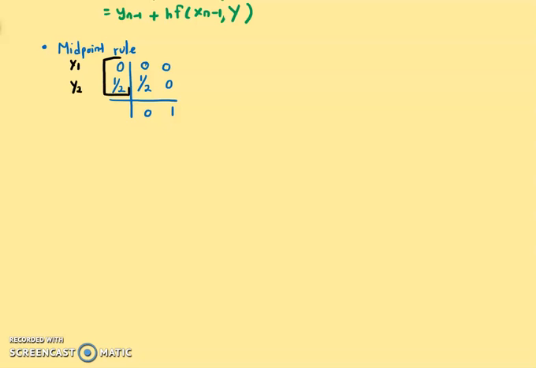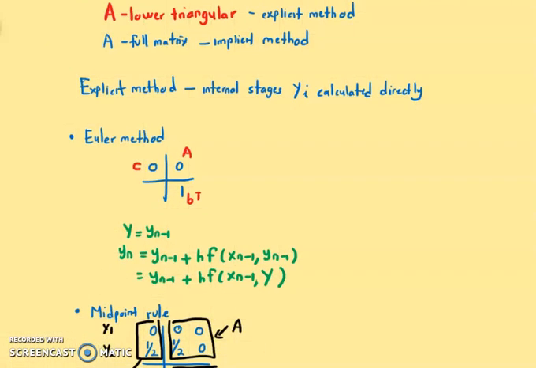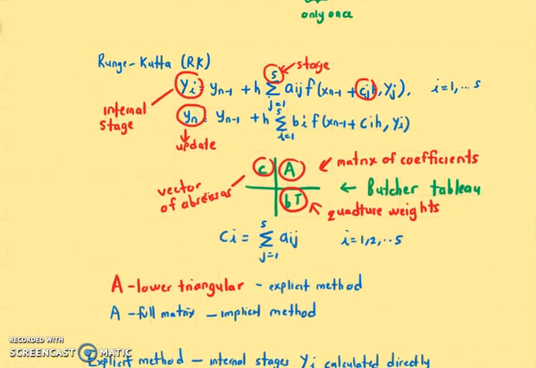These values here are my c's, these values here are my a's, and this is my b transpose. If you look at the standard explanation earlier on, for the Runge-Kutta method's internal stages, you have your coefficient matrix A together with the derivative f. For the little y, you have this b together with the derivative.